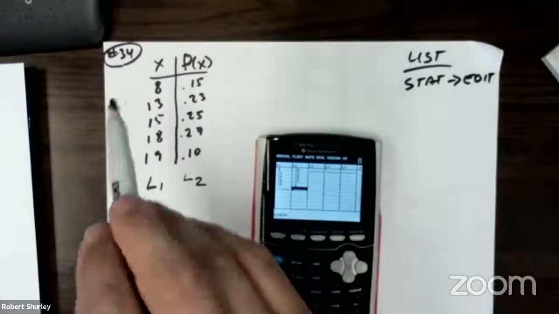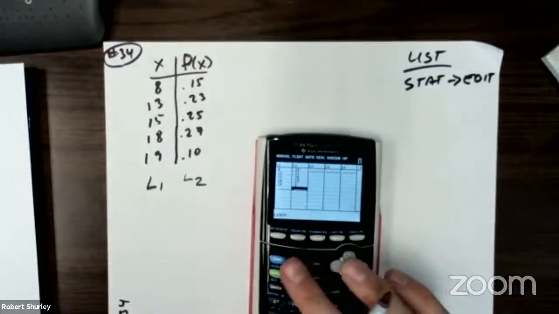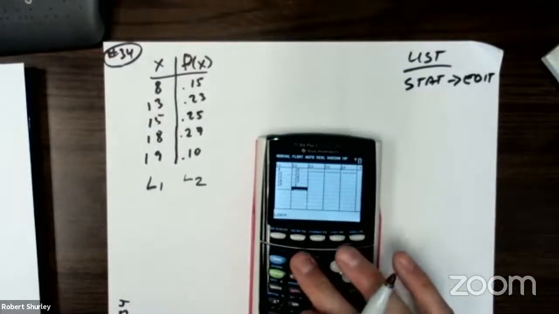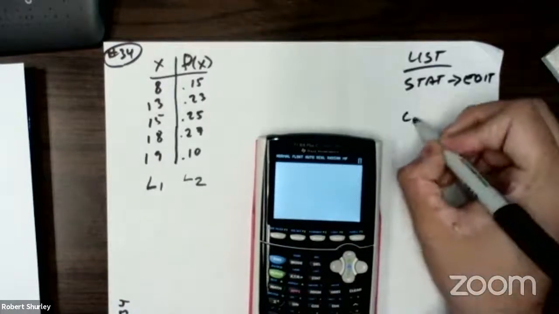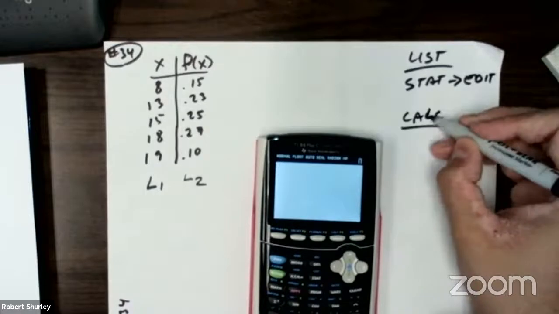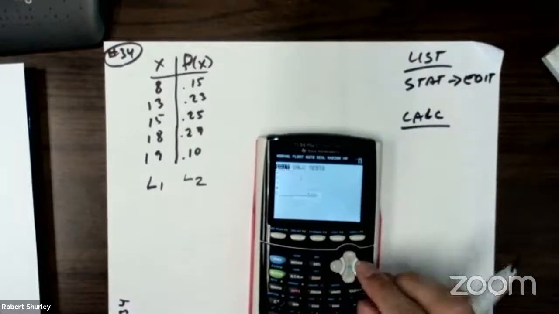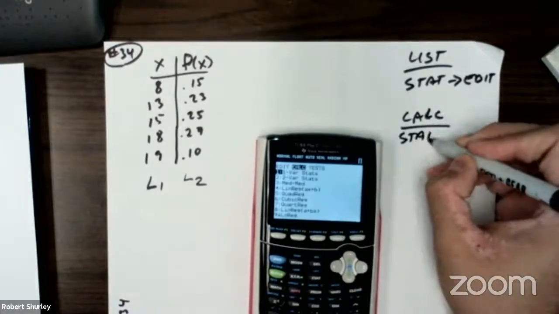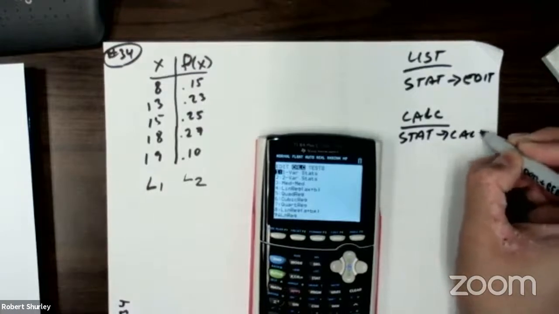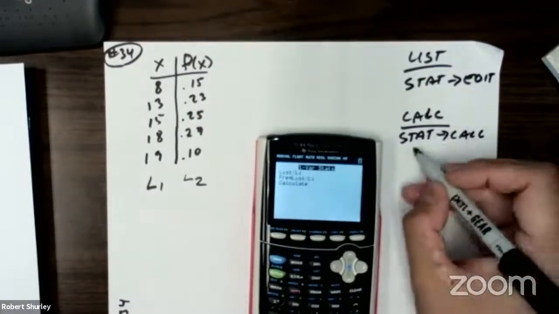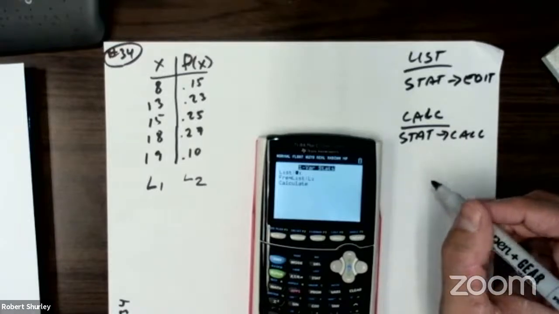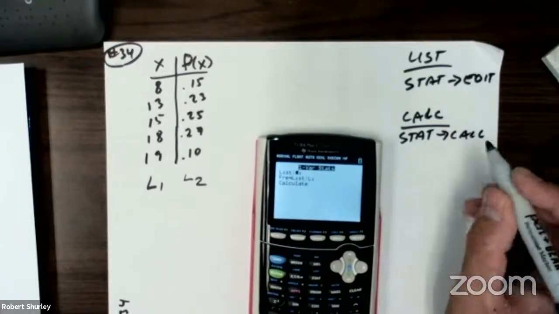So L1 and L2 are right here. Now I'm going to go back to the original screen; I like quitting. And then to actually do the calculations, you go to stat calc, one variable statistics. If you've got the older calculator, you put in L1 comma L2.